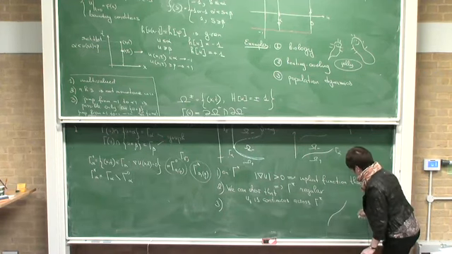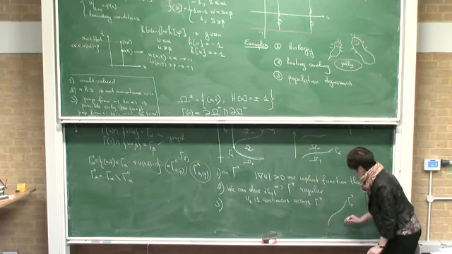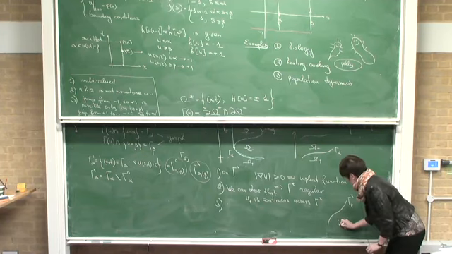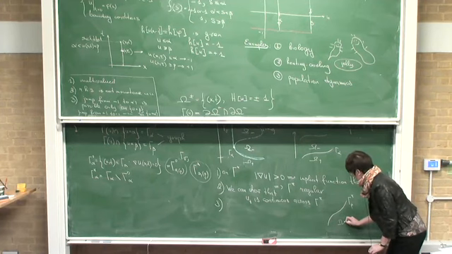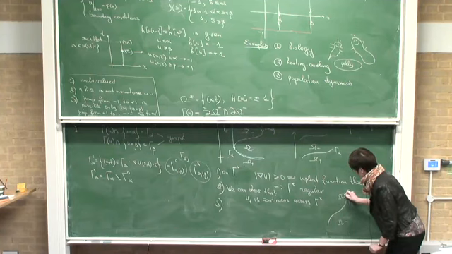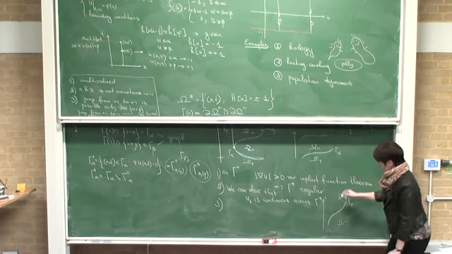Now, let's consider gamma star beta. What we have here? Here we have omega minus, here omega plus. And we just go in t direction.